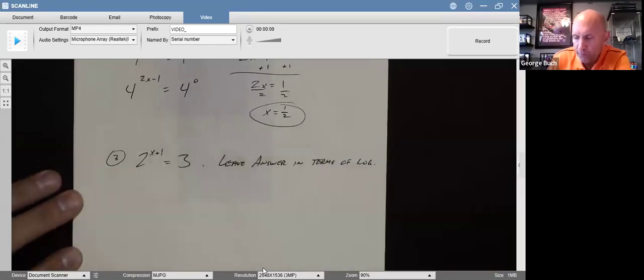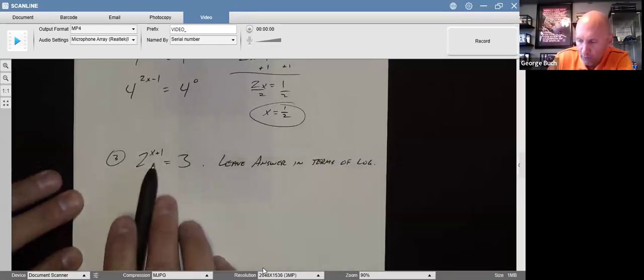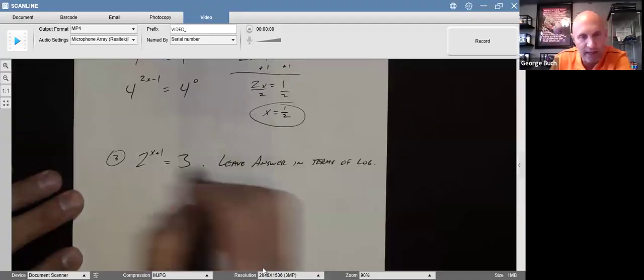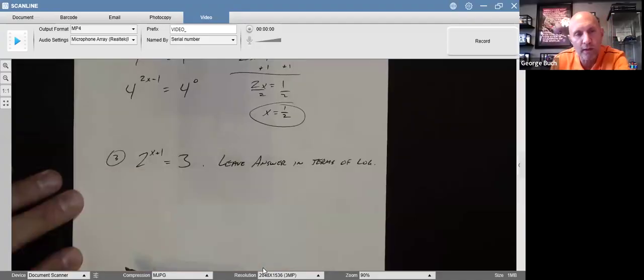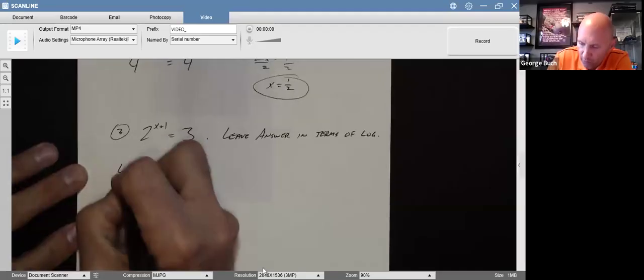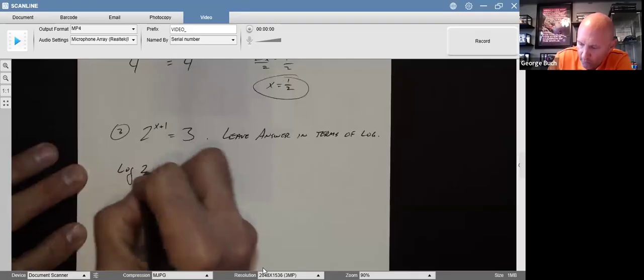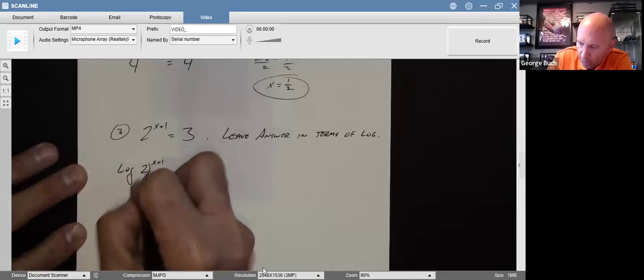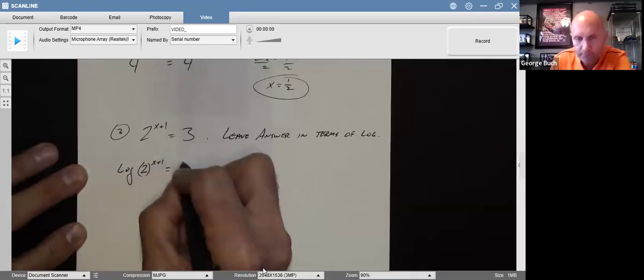The first thing I have to do is take the log, because I have this exponent here and I have to get it down. How am I going to do that? I'm going to use my law of logs. But first, I need to take the log of both sides. So log of 2 to the x plus 1 is equal to log of 3.